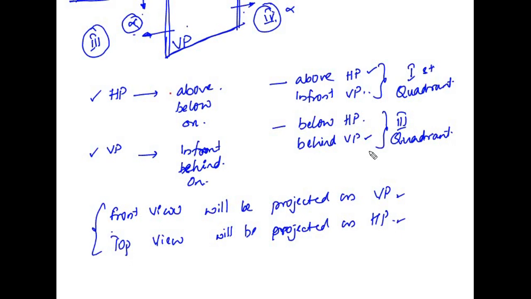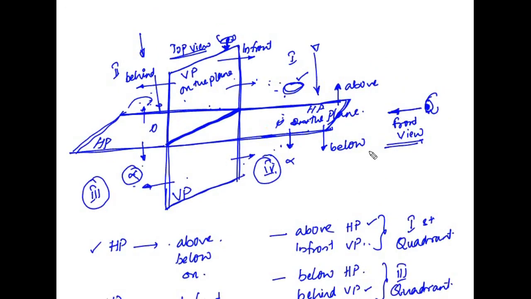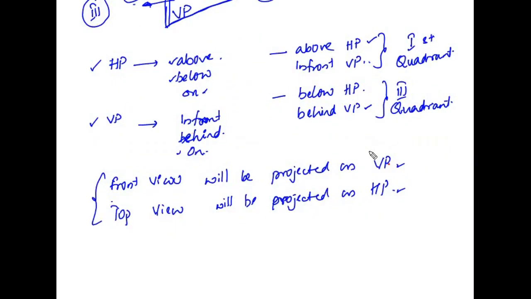With respect to the horizontal plane, the object can be above, below, or on the horizontal plane. With respect to the vertical plane, the object can be in front of, behind, or on the vertical plane. If you remove the on position, you have only two positions: above, below, in front and behind. So: two views, two planes, two positions.